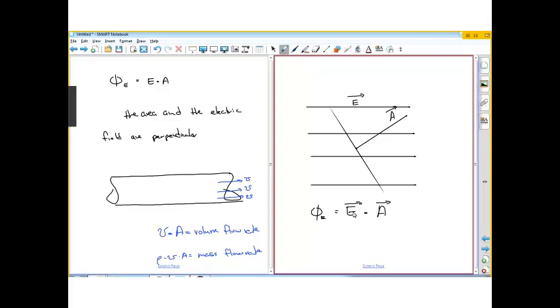This is just a number, so there's no arrow. Now it turns out if you take the angle between the electric field and the area, this is theta, the electric flux is the magnitude of the electric field times the magnitude of the area times the cosine of theta.